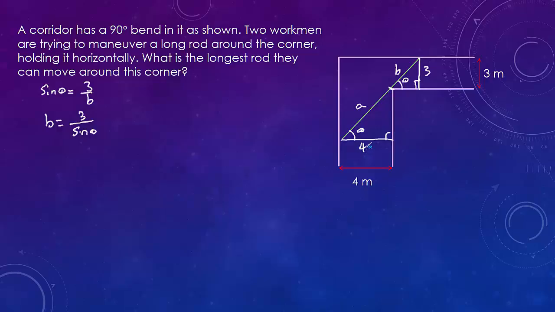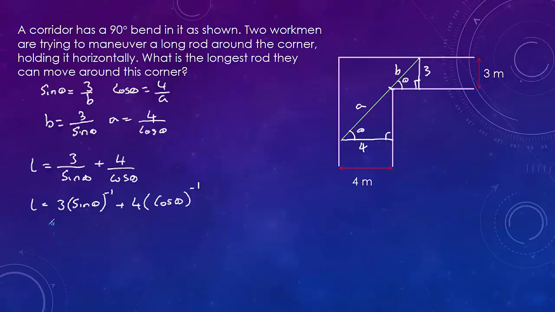Now, here the 4 is the adjacent. So we can say that the cosine of theta is equal to 4 over a. And so a is equal to 4 over cos theta. So the overall length is going to be 3 over sine theta plus 4 over cos theta.